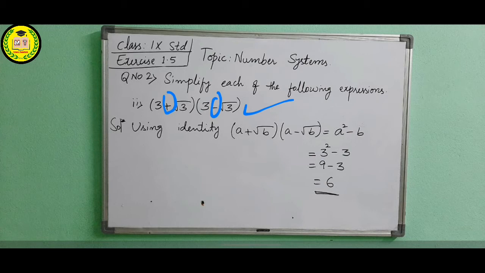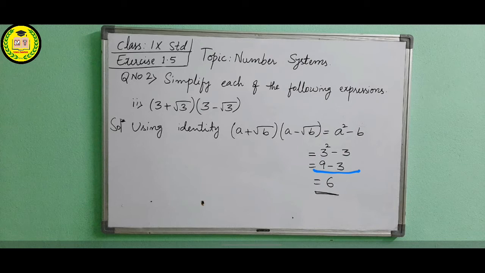Here, as the root is given, the formula becomes a² − b. So a is 3, 3 squared minus, again √3 means 3 squared minus 3. 3 squared is 9, then 9 minus 3 is equal to 6. 6 is the simplified answer for the second one.